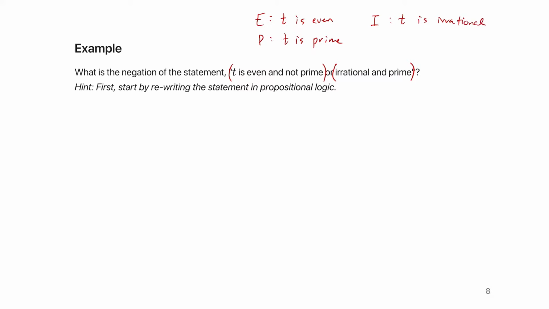Given some value of T, each of these is either definitively true or definitively false. Right? And so let's write this. Our first statement says T is even, that should be an E, even and not prime, or irrational and prime. Is that clear? So this is our original statement.